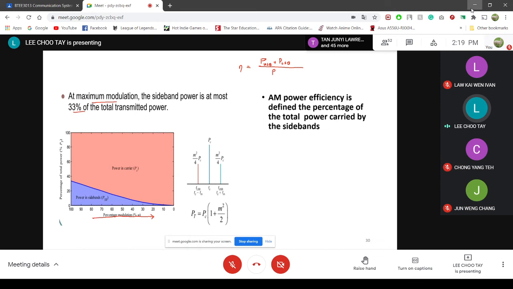So what I'm going to get is cosine omega C minus omega MT. So here, what I'm sending is my lower sideband.